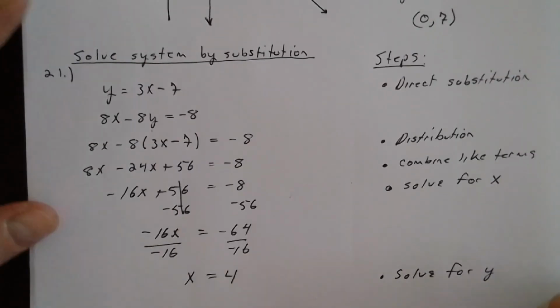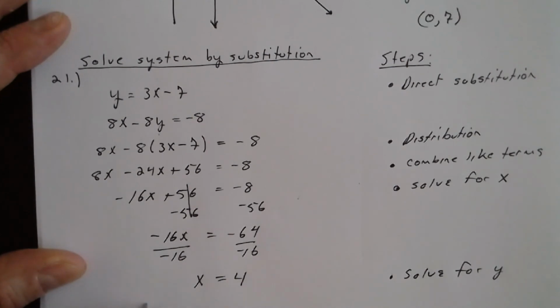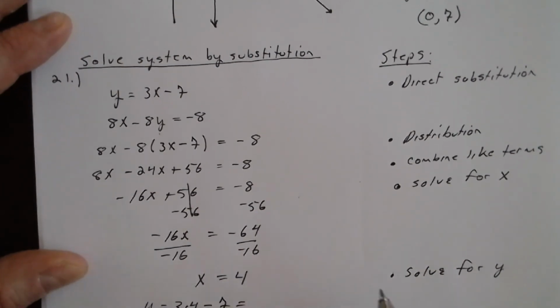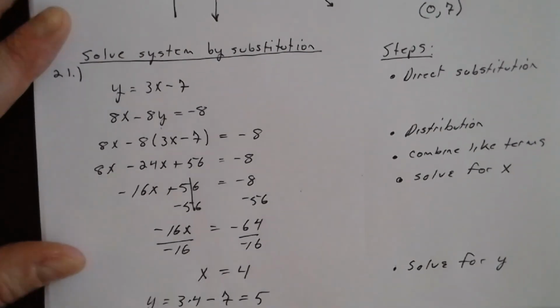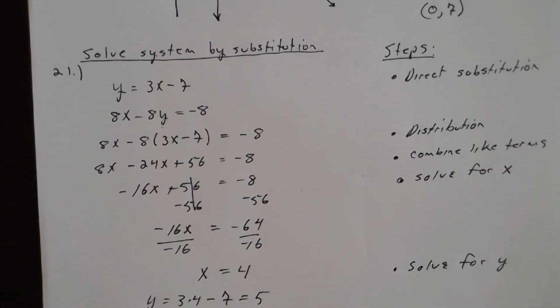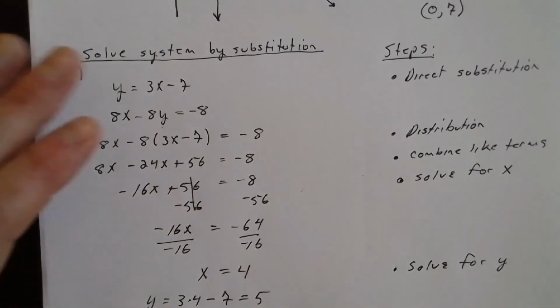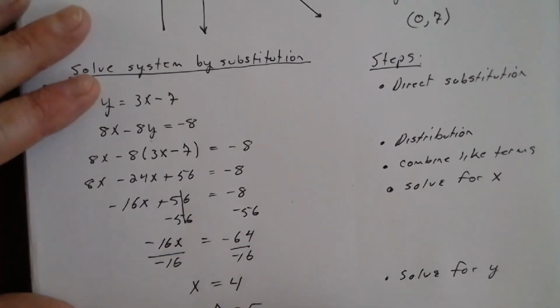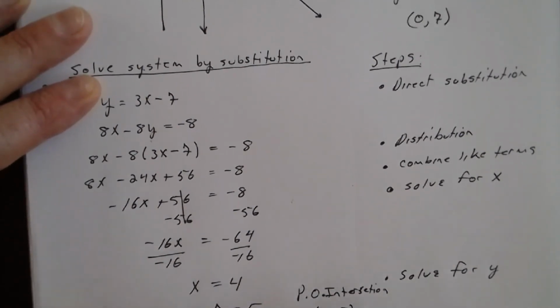And so if we solve for y, we have y is equal to 3 times 4 minus 7, which is 12 minus 7, which is just 5. So when x is 4, y is 5. The point of intersection of these two lines, if we were to graph them, would occur at 4 and positive 5.